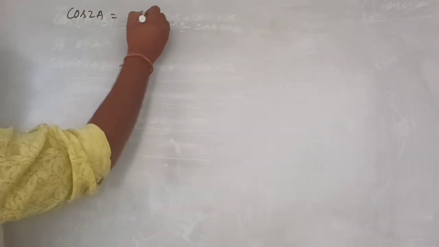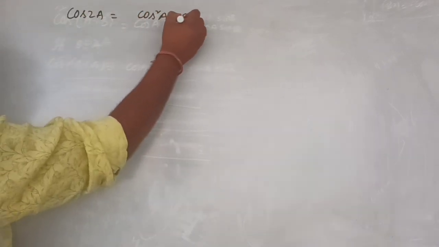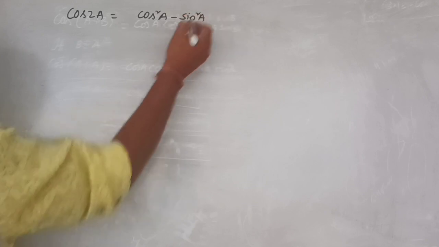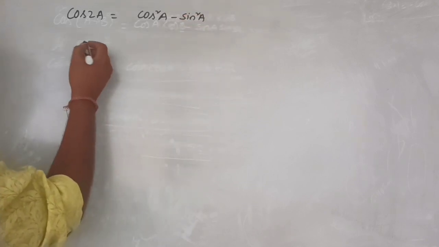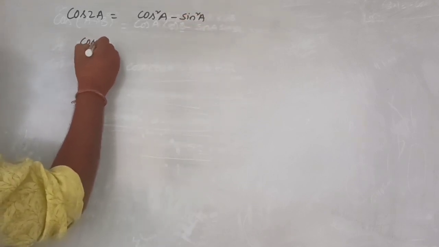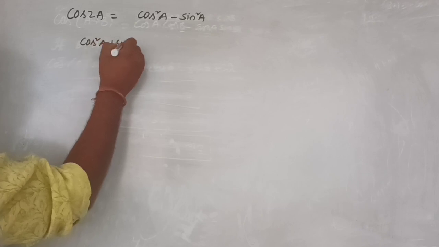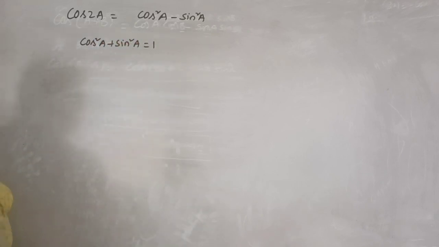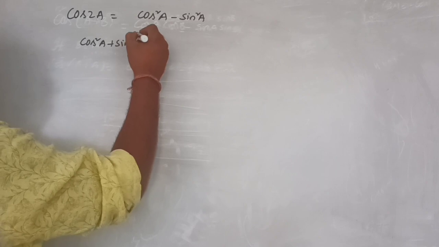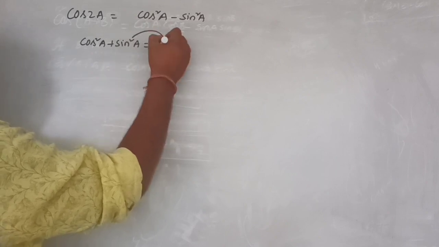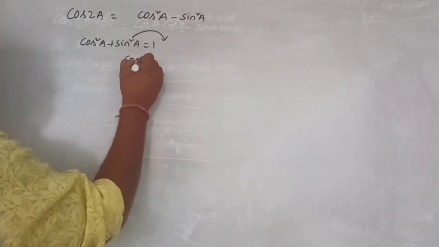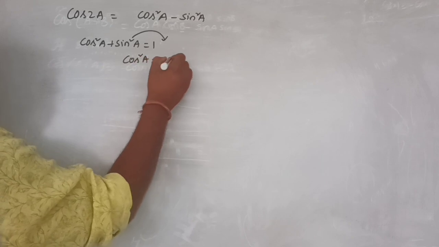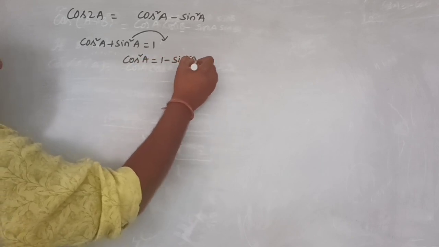So therefore cos 2a is equal to cos square a minus sin square a. By trigonometric identities we know that cos square a plus sin square a is equal to 1. So cos square a is equal to 1 minus sin square a.